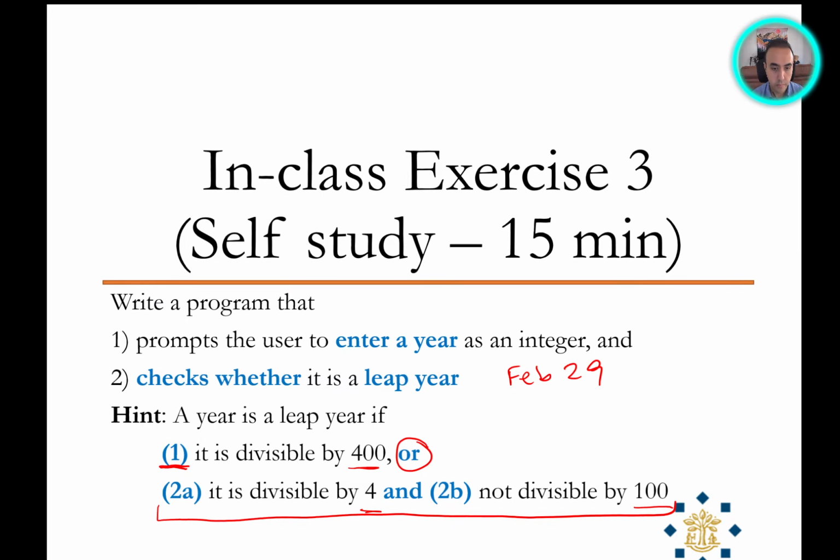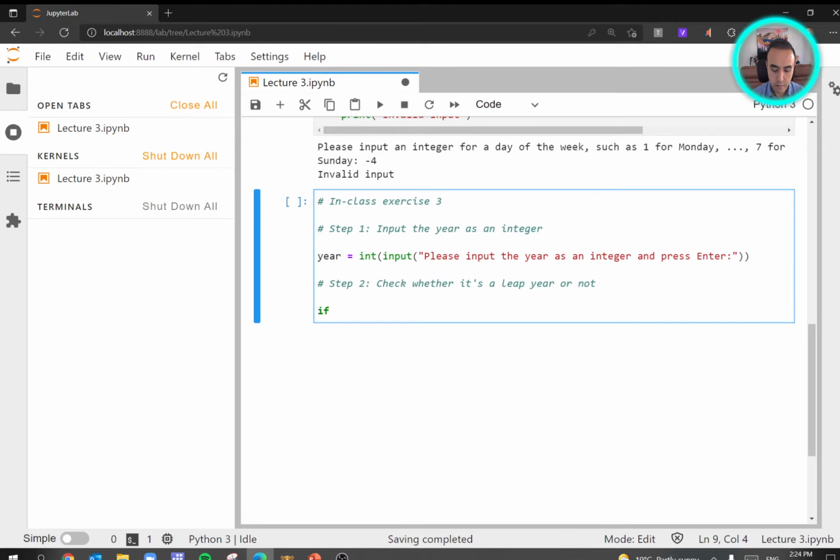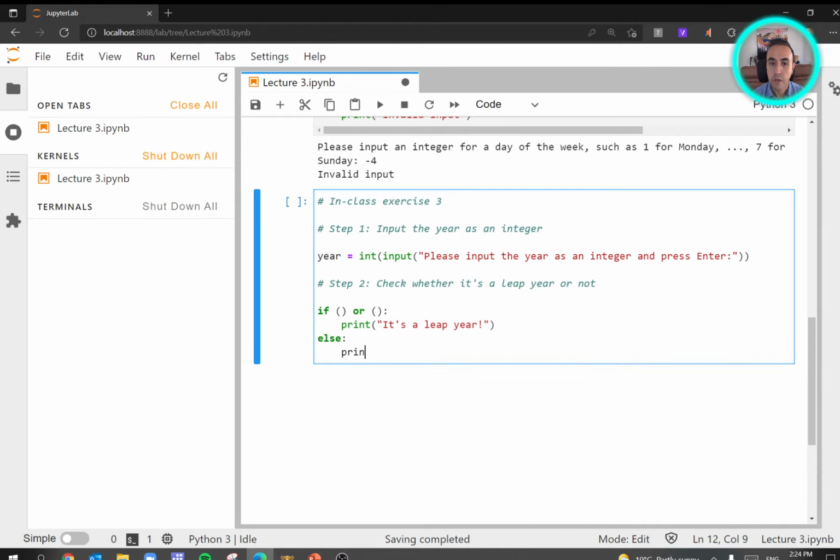I'll use parentheses: it is either this one or the other one. If so, then we print it's a leap year. Else, we print it's not a leap year.